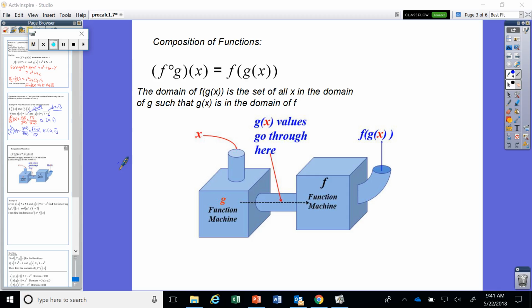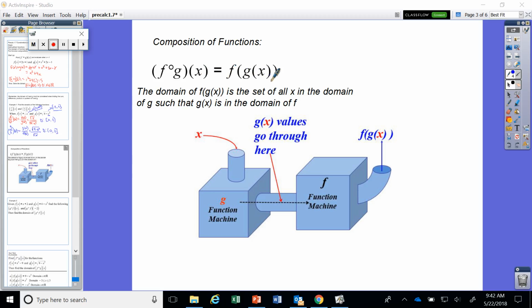You take these values of x, the values of x go through a first function g, they get some output values, and then those output values all get subbed into a function f, in which in the end what we did was we threw x into g, and g of x into f, to in the end give us f of g of x. And that is where we get our f of g of x.